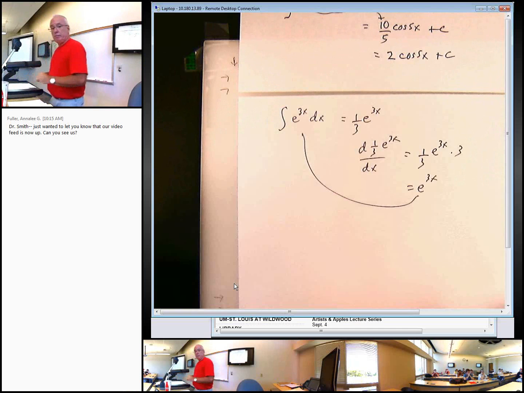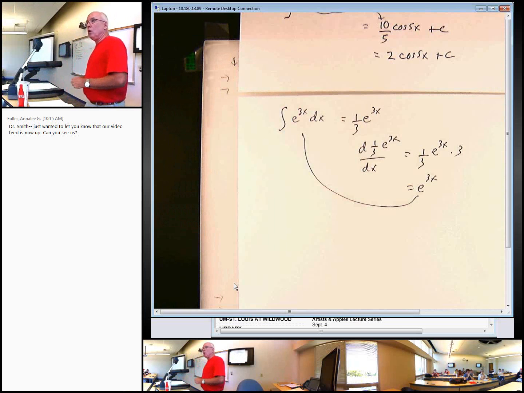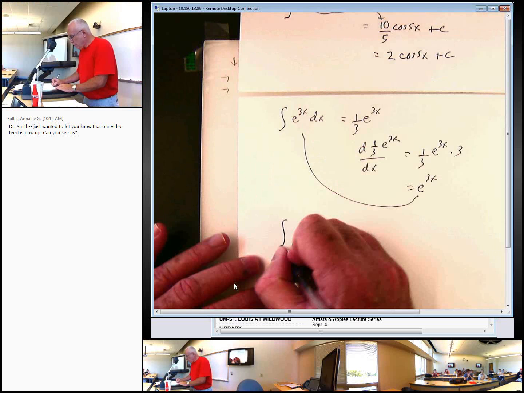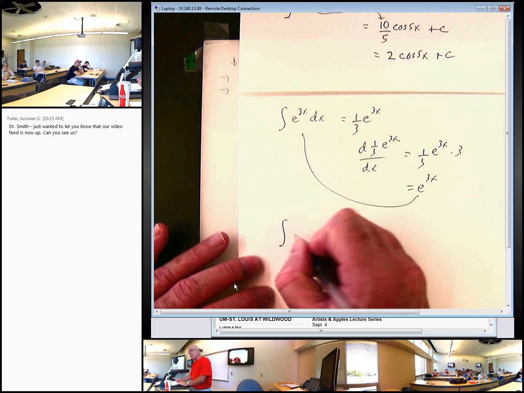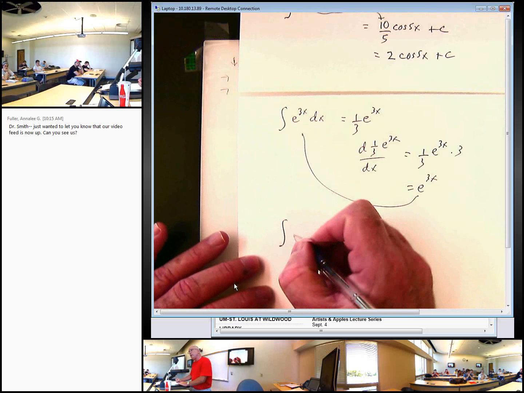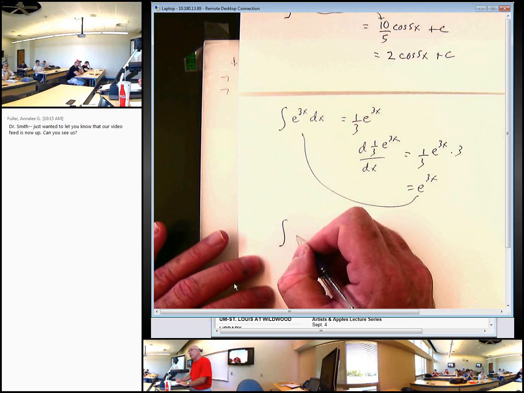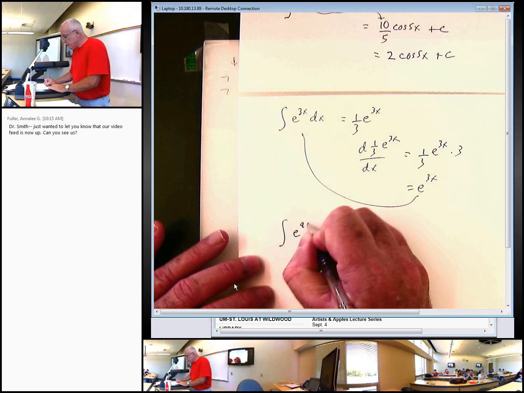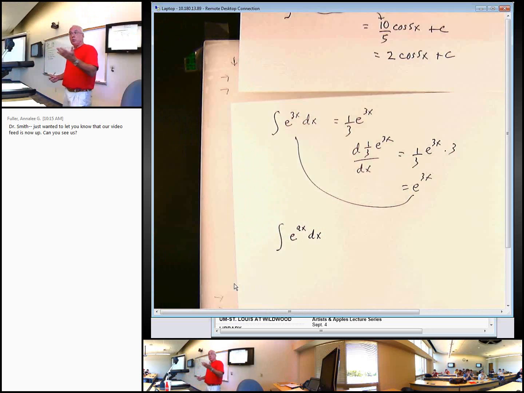Yes, Jenna? You're talking about for, say, a sine or a cosine, or for the e? It actually doesn't matter. Let's say that we're given e to the ax, where a stands for a number. It's the same principle, Jenna.